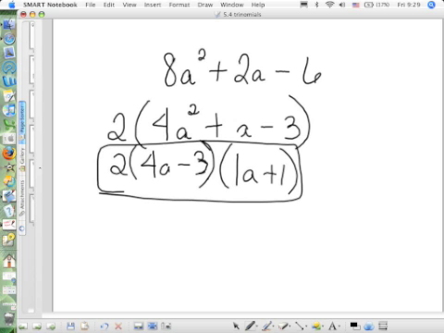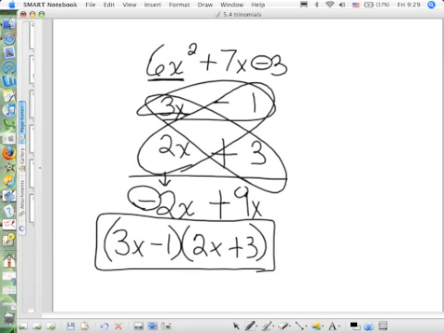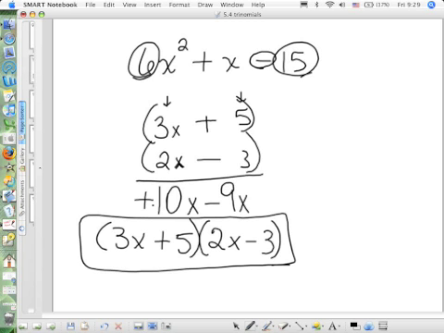Yes? So you can do it either way, no matter what the trinomial is. Well, in this trinomial, there was a greatest common factor. In this one, there wasn't. In none of these was there a greatest common factor. Okay? I wanted to teach you this before I added the two together.